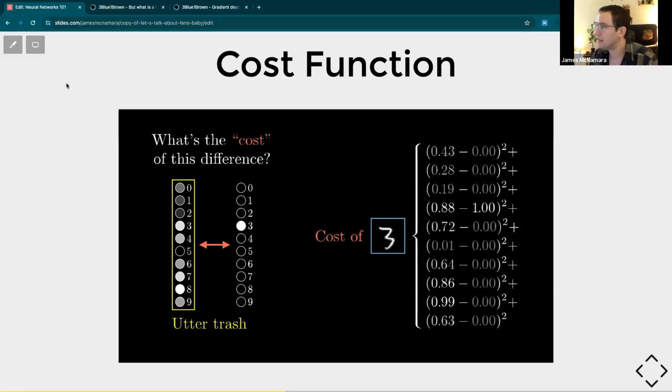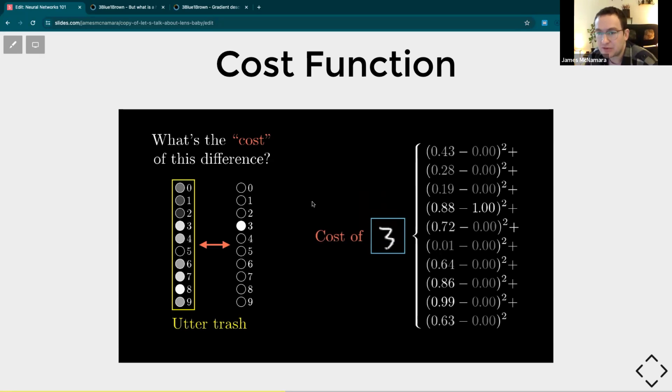The cost function is the single thing that is going to determine what the network does, how it does it, and what the output of the network means. So let's look at an example of what the cost function is for this network.